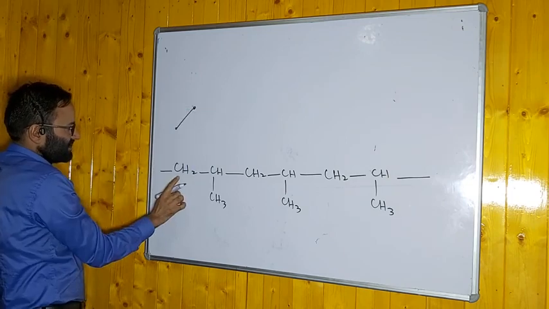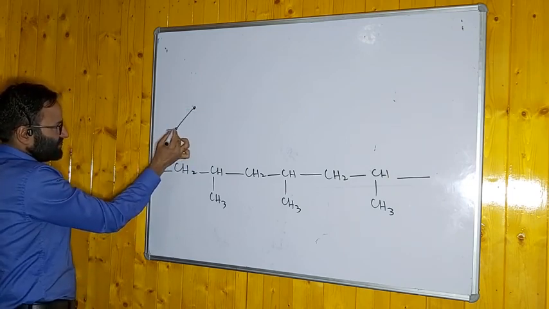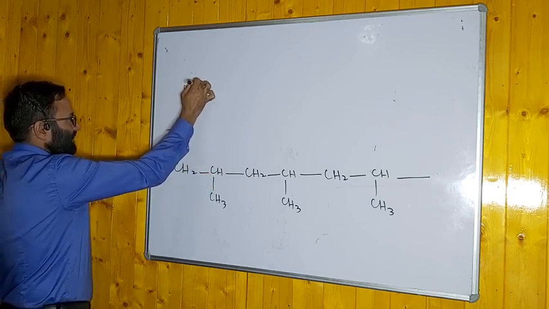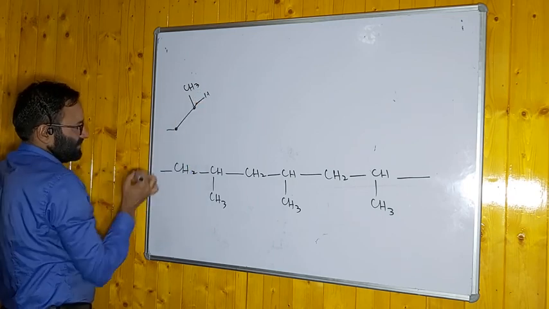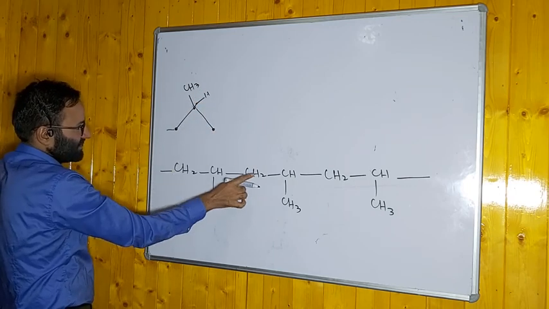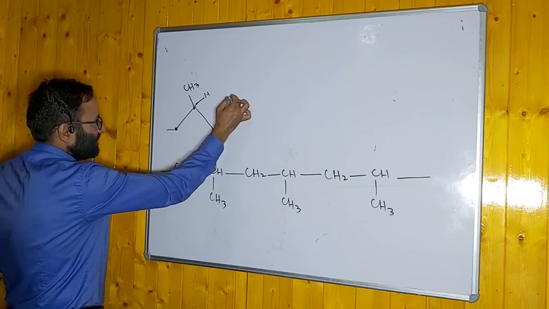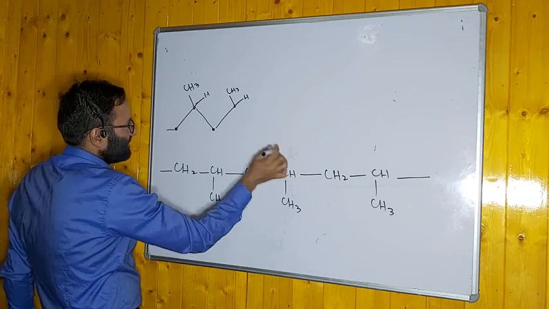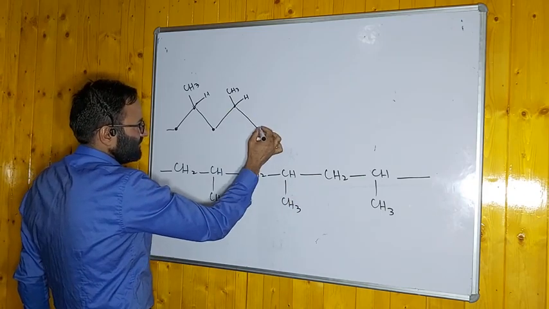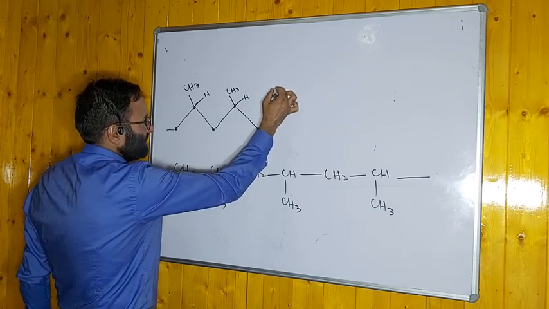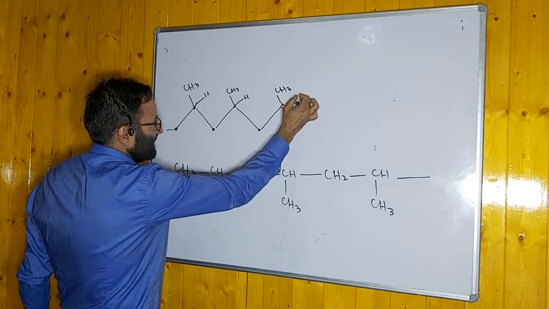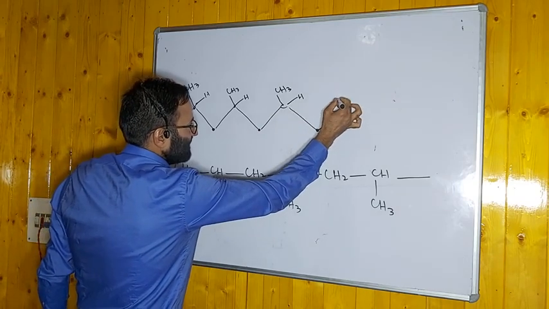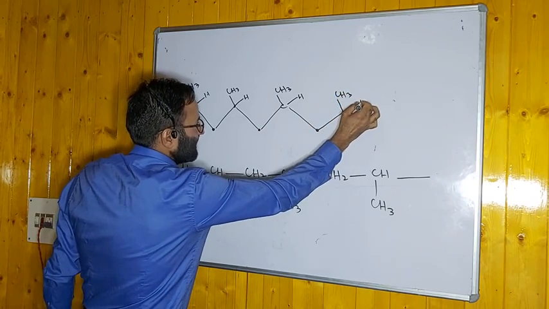This is CH2. Then we have CH. On this C we have methyl and H. Then again CH2, then again C. On this we have CH3 and H. Again CH2, then C, with CH3 and H. Another CH2, then again C, with CH3 and H, and so on.